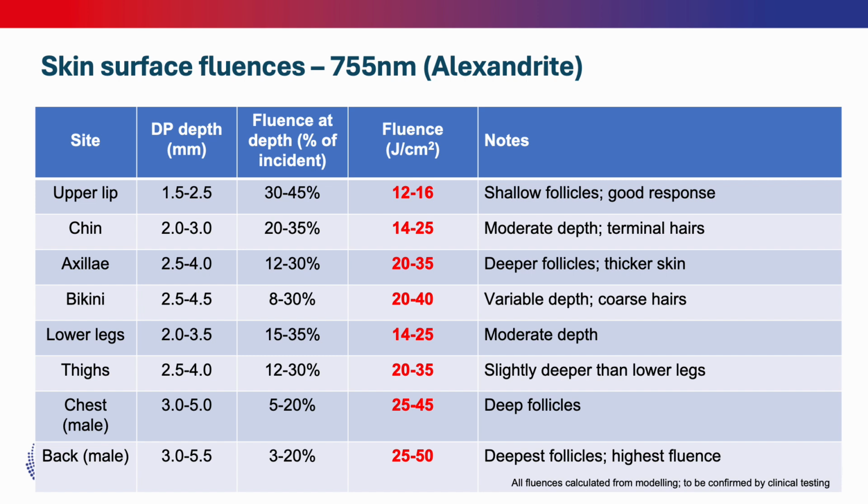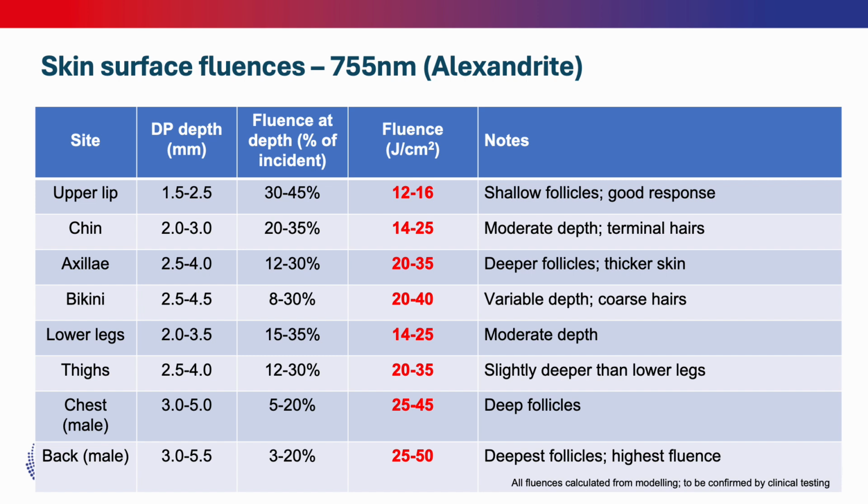And then as we go through the various different body targets, so the chin, the axilla, the bikini, lower legs, thighs, and chest and back, we can see a range of fluences which correspond to the dermal papilla depths and the drop in fluence.